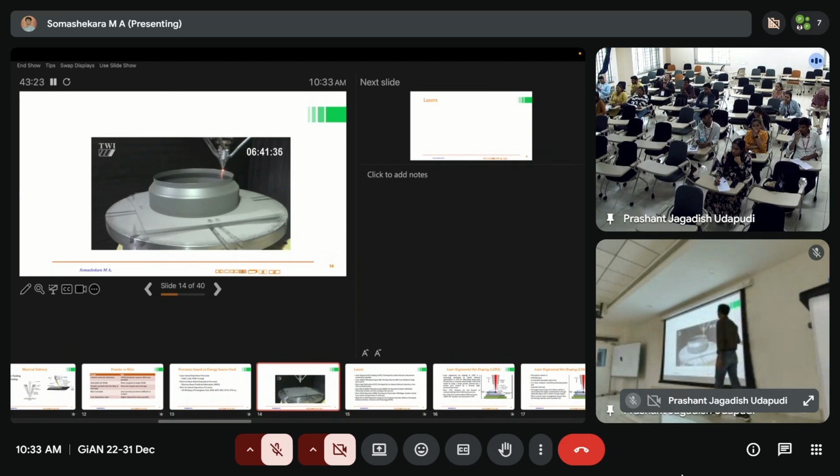It is quite difficult with traditional manufacturing. But here you can see how easily one can make such complex structures without using many tools.